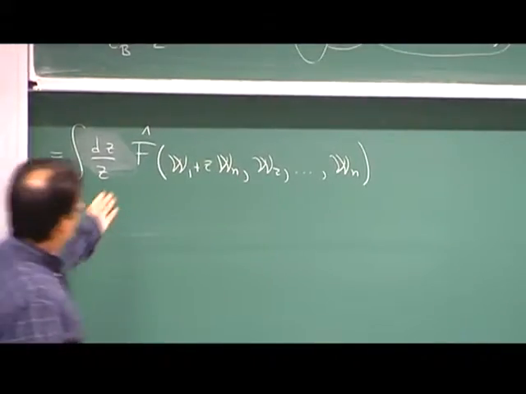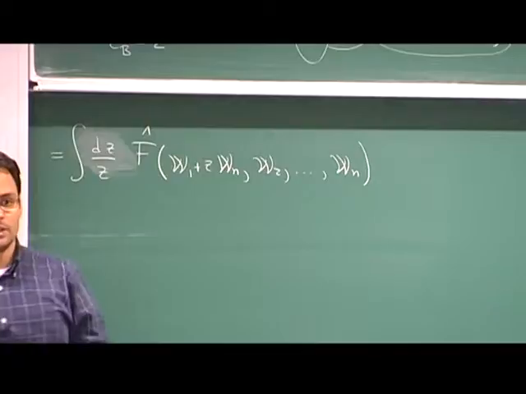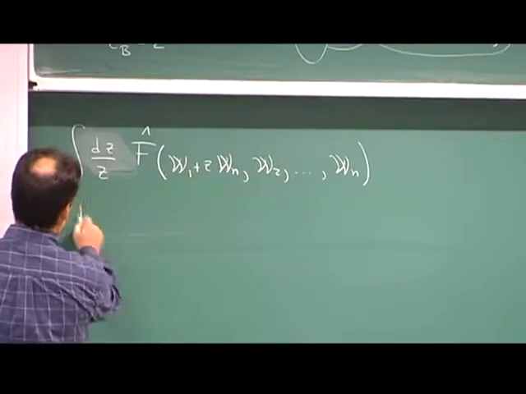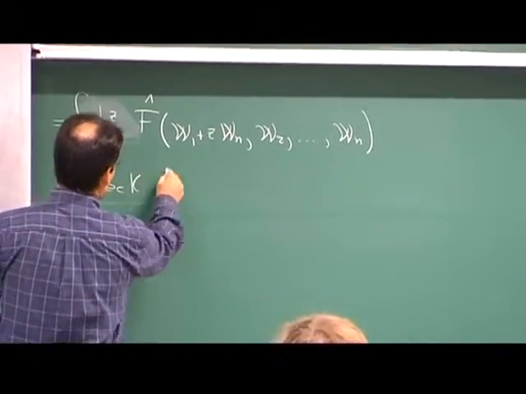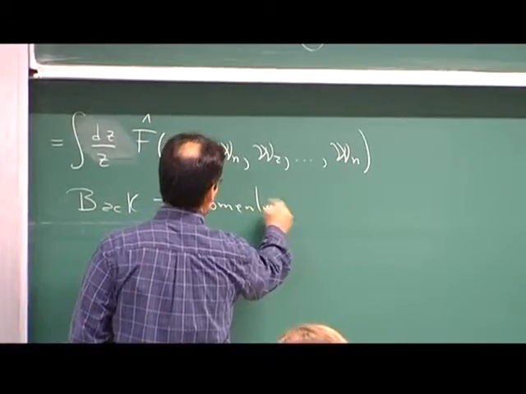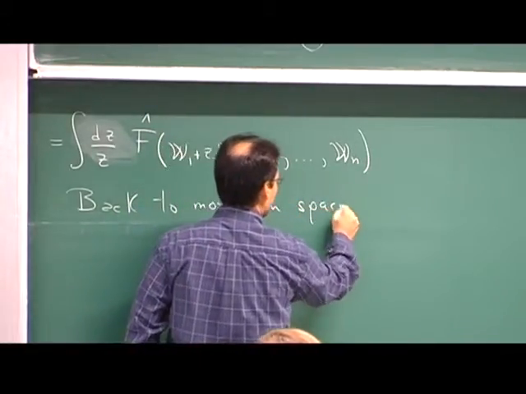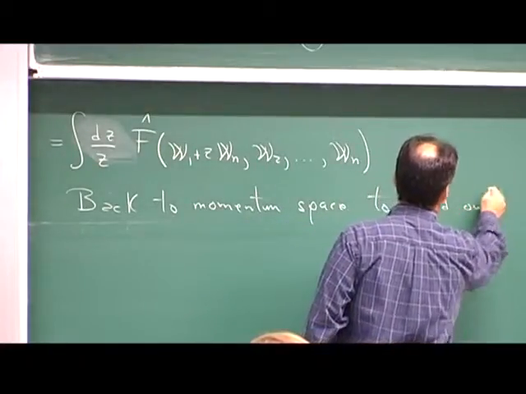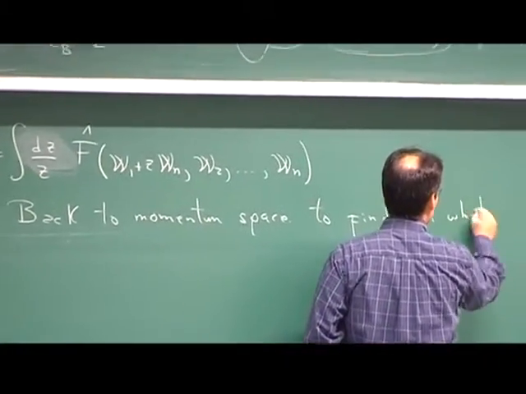Well, once again, this is in dual twistor space. Just by looking at it, I don't know what it is. So let's go back to momentum space to find out what this is.